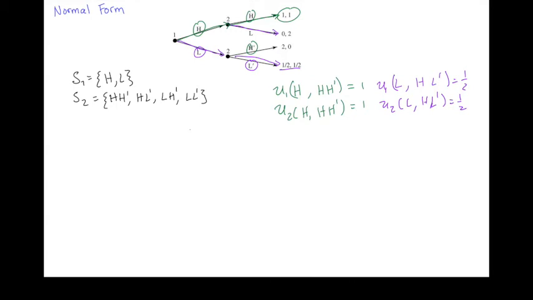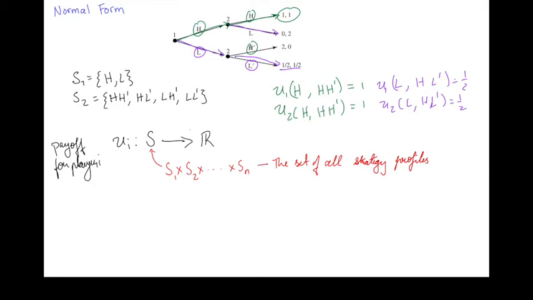So in general, what we can do is write down a function for each player, u_i. So we call this a payoff function. It's a function from strategy profiles to real numbers.